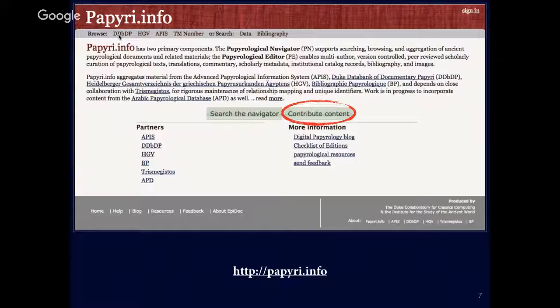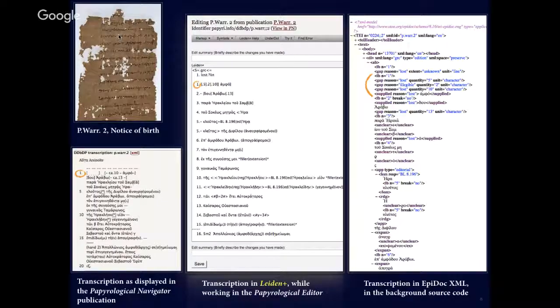Texts can be edited from the XML code, which we can see on the right column for an example fragment. But an adaptation of XML, that is a markup language named Leiden Plus, has been created for papyrologists to allow them to work in a more user-friendly and tag-free environment.